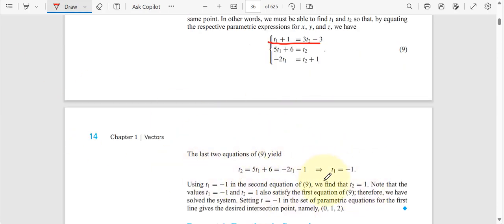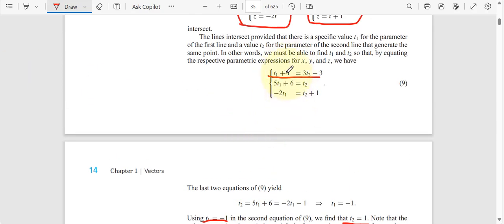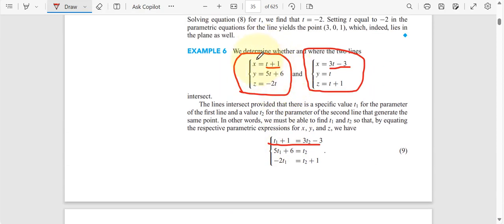So they do some algebra here, and they find that there is a t1 and a t2, and that they are -1 and 1. We don't get a contradiction here. And so we can put t1 into here, and we can find the coordinates of the point of intersection, or we could put t2 into here and hopefully find the same coordinates of the point of intersection.